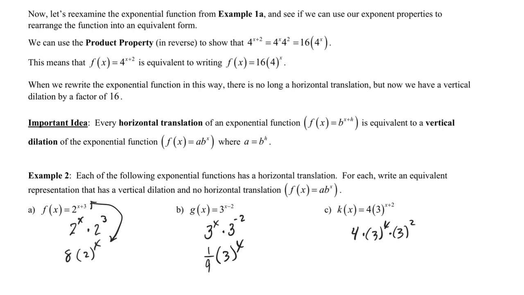All right, let's clean that up a little bit. We got 4 times 3 to the x times 9. Now remember, I said you cannot multiply bases if you see an exponent. Well, I don't see an exponent with 4, and I don't see an exponent with 9, so I could actually multiply those together and get 36 times 3 to the x. All right.